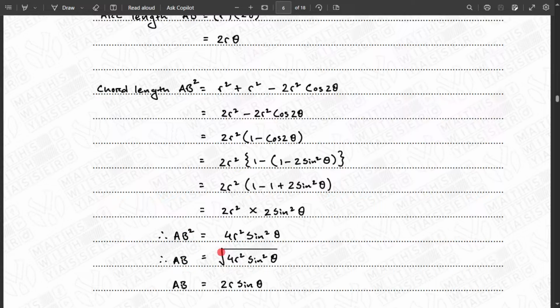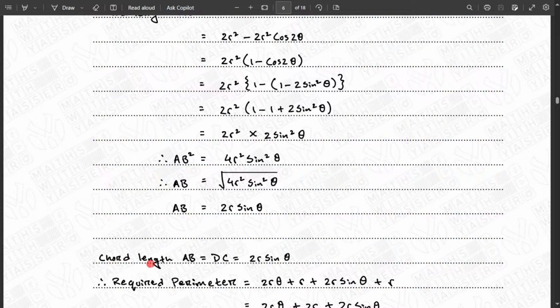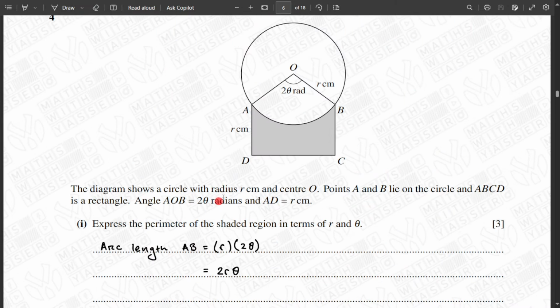So AB must be square root of 4r square sine square theta. Since all these are squares, 4 is a square number. So if we square root the whole thing, it becomes 2r sine theta. Now, chord length of AB is equals to DC, which I have stated earlier, which is equals to 2r sine theta. So the required perimeter is, let's have a look at the diagram again.